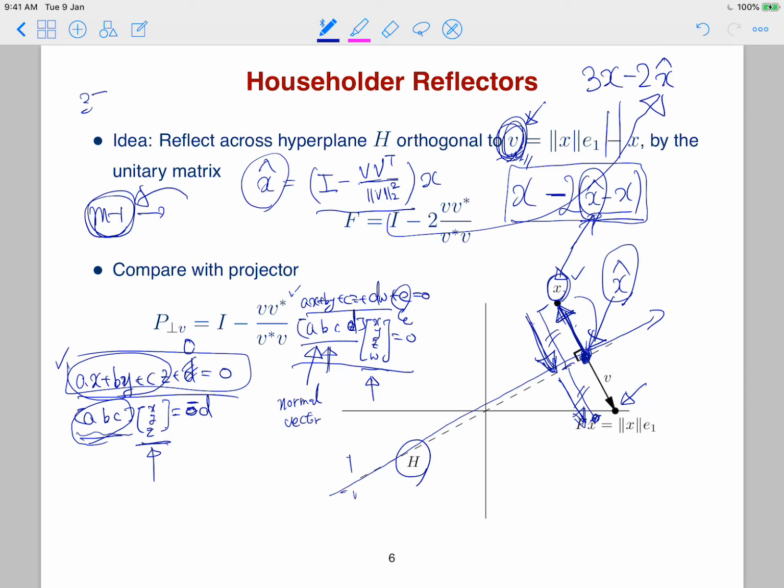Okay, and then 3I times x minus 2I times x plus V V transpose and 2 times x.